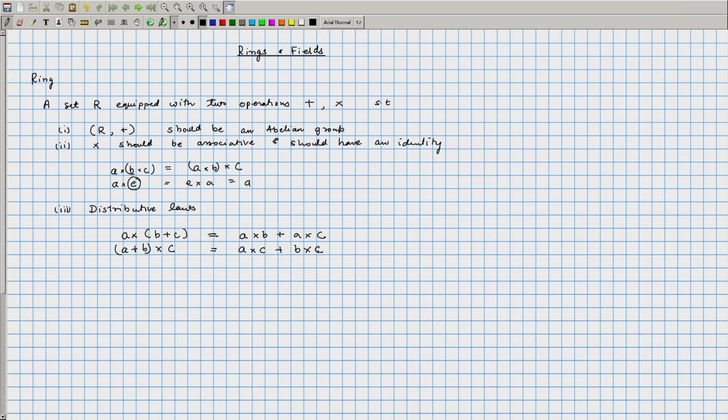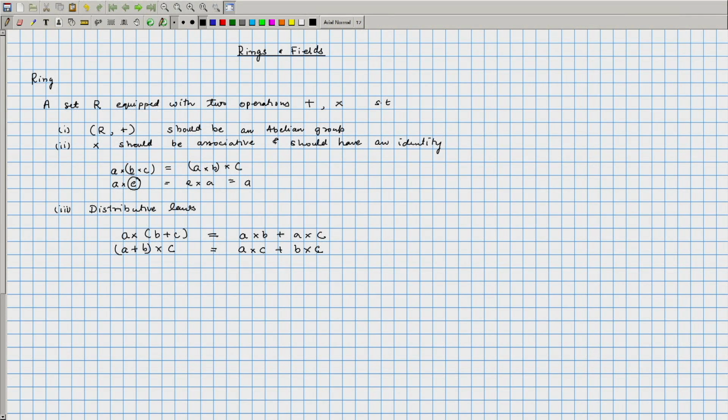Let us look at some key differences or some non-requirements. This multiplication need not be an invertible operation. When we are looking at addition, for every element of the group, there is an element which can act as the additive inverse. The multiplicative inverses need not be present.